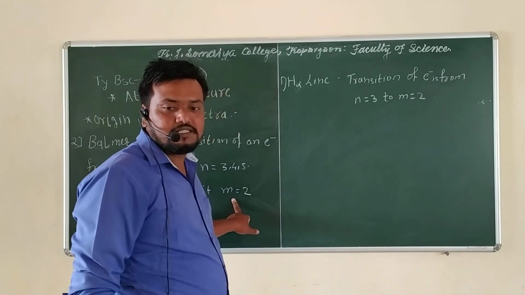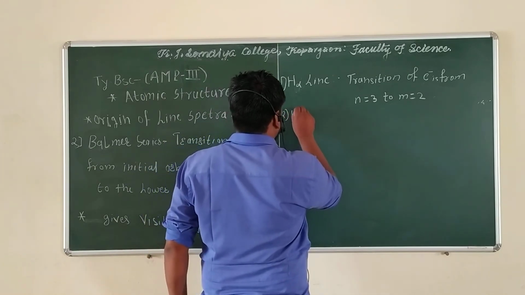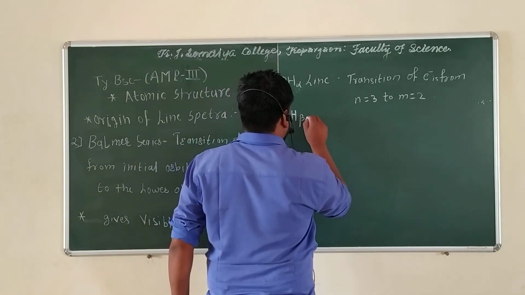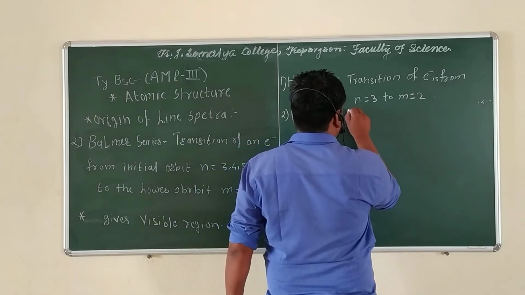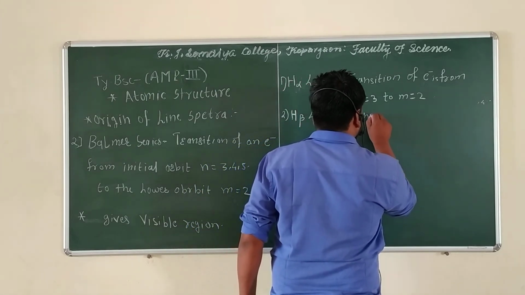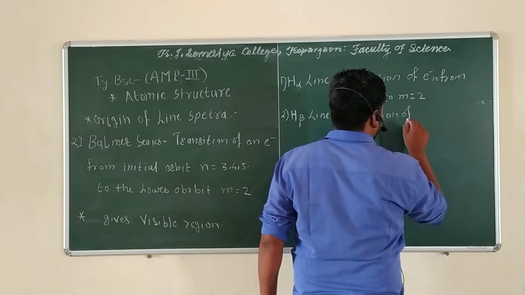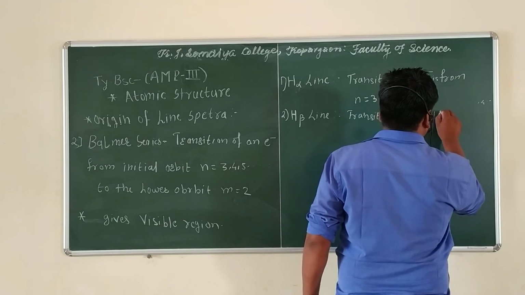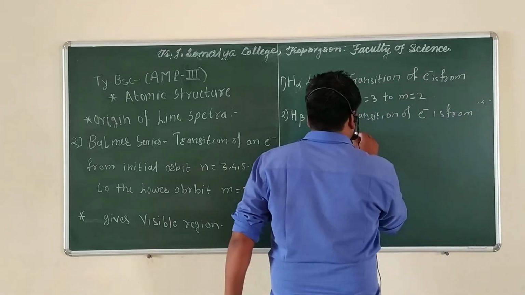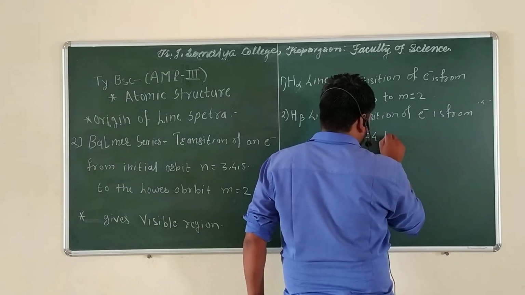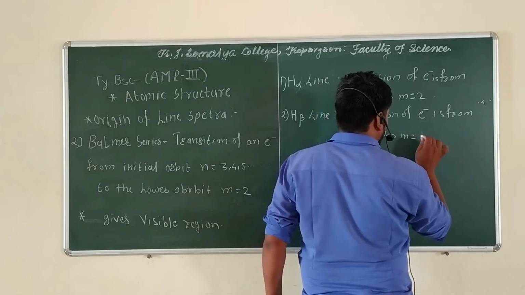Next is the H beta line, which is the transition of an electron from n equal to 4 to m equal to 2.